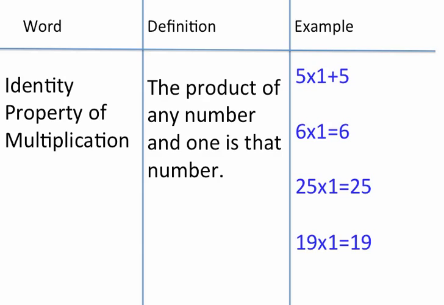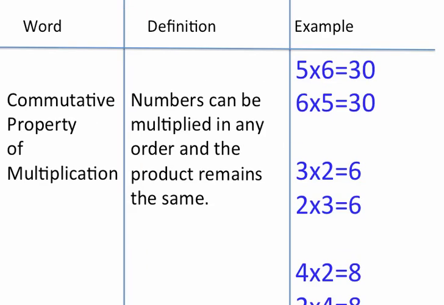If I take 6 and I multiply it by 1, 6 keeps its own identity. It remains 6. 25 times 1 stays 25. 19 times 1 stays 19. So it keeps its identity. The identity of that number does not change.